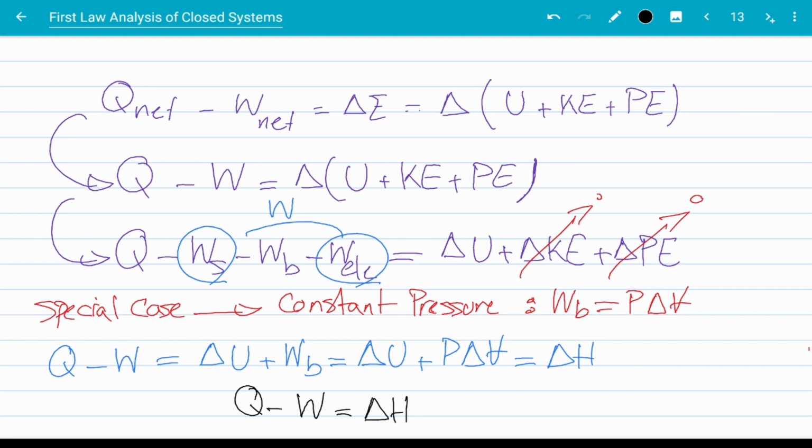When the right-hand side of the equation is in the form of change of enthalpy, it means that we have included the boundary work on the right-hand side. If the right-hand side is in the form of delta U, or the change of internal energy, then you have to include the boundary work on the left-hand side, inside the net work term. So you have to include the boundary work, but only once, either on the left or on the right-hand side of this equation.